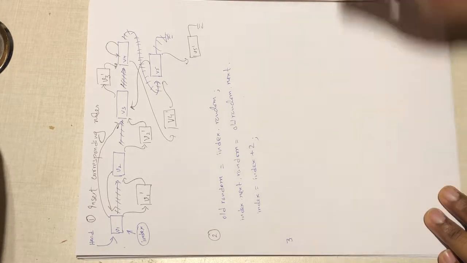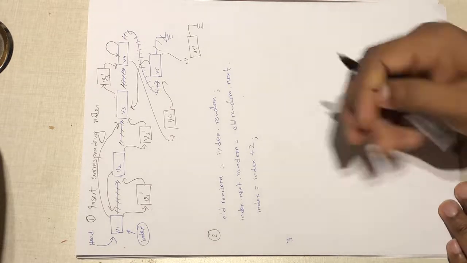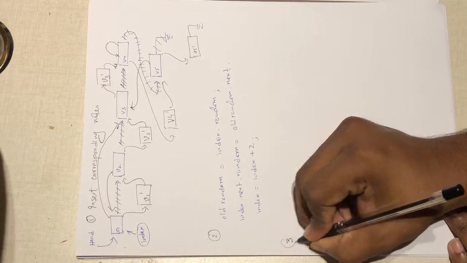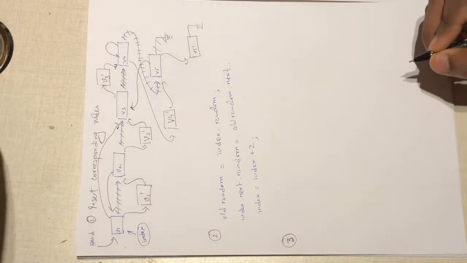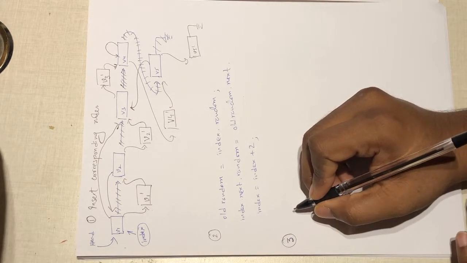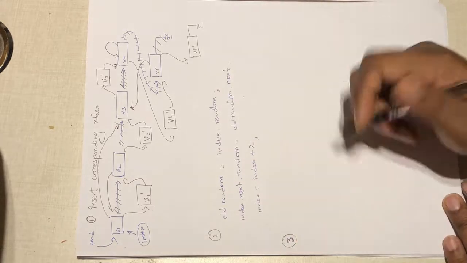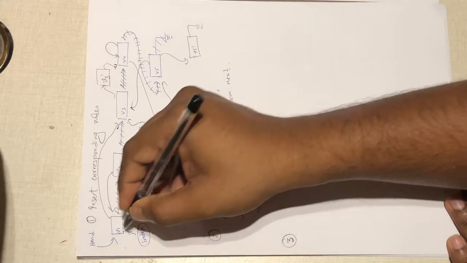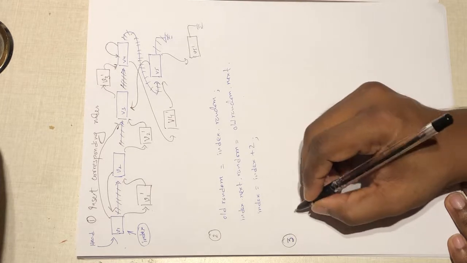At the end, what should be the third step? Once we have this, the third step would be to actually separate out the lists. Again, from this list, you are breaking it.